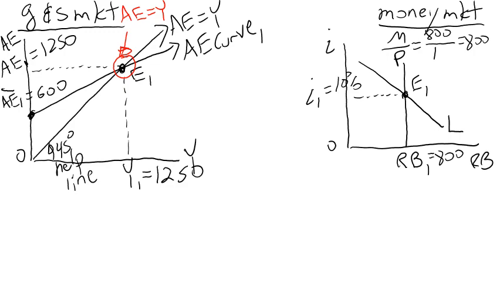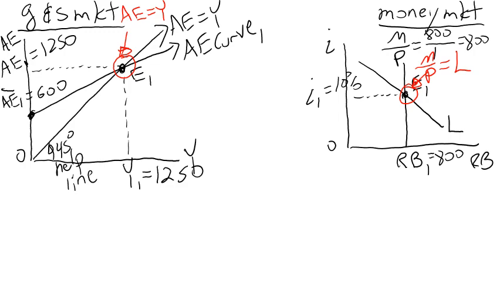So the real money supply is 800, which means that real balances are 800. Okay, now red. What is the significance of this equilibrium in the money market? Well, the significance is that M over P, the real money supply, is equal to the money demand.